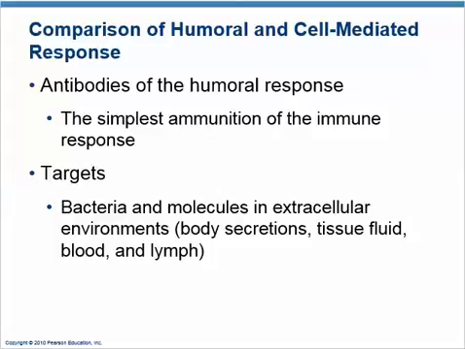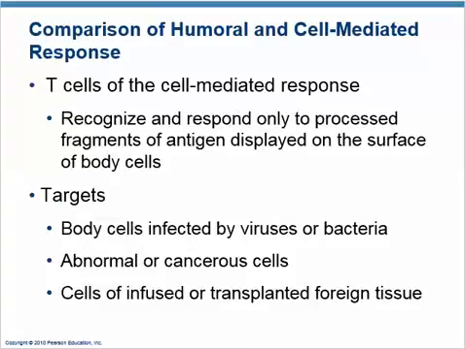And they attack the pathogens themselves. In the cell-mediated response, they only respond to processed fragments of the antigen on the surface of one of our own cells. So it's got to be incorporated into an MHC.